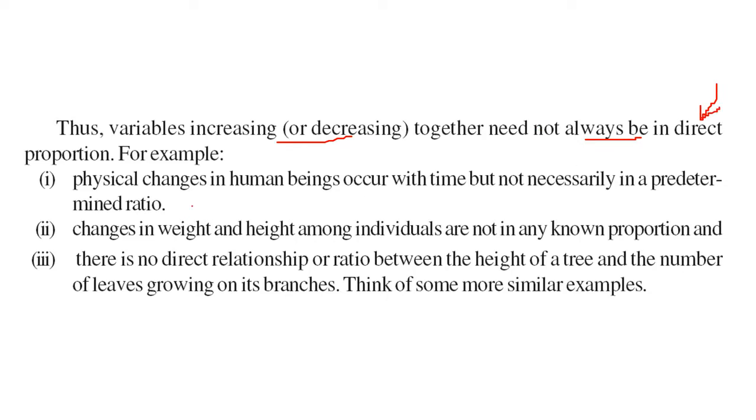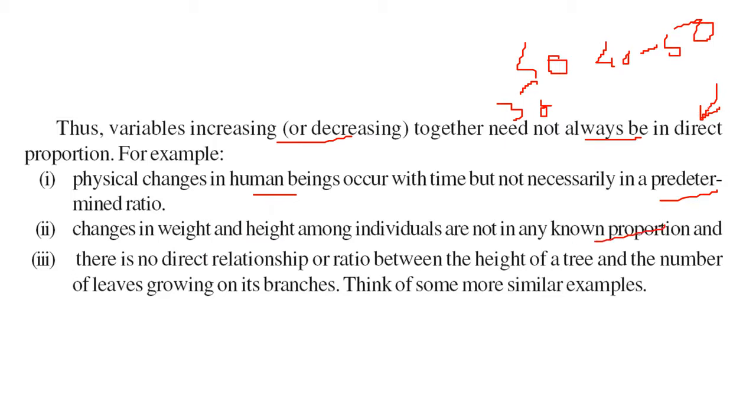For example, physical changes in human beings occur with time, but we don't know the ratio. Some 40-year-old can look like 30. Some 40-year-old can look like 50. Change in weight and height among individuals are also not in any proportion.